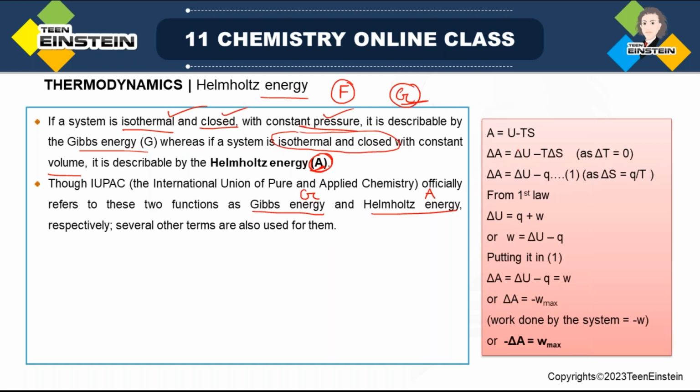So A is basically equal to U minus TS. Remember what we know about G? It is a combination of H and PV. But when we are talking about A, it is a combination of U, T and S: internal energy, temperature and entropy. Now if we take the del sign, del A, then on the right hand side also it will be del U minus del of TS.